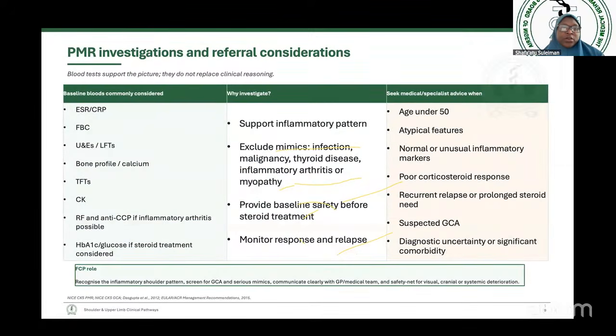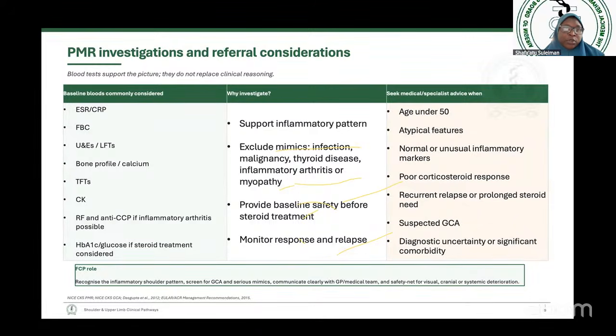The investigation and the referral consideration. Blood tests support the picture for polymyalgia, they do not replace the clinical reasoning. Yes, the clinical pattern fits, but there are also other things that can support our clinical findings.